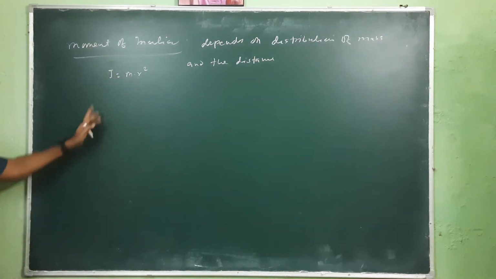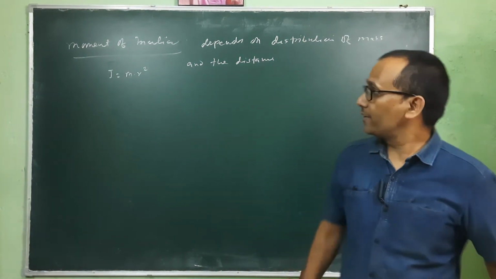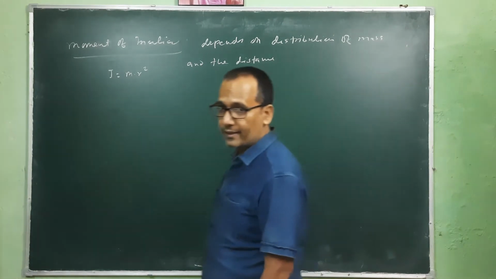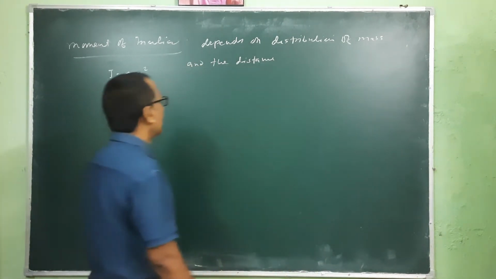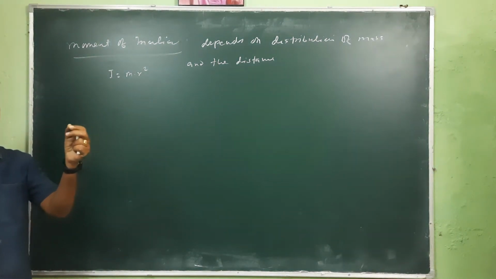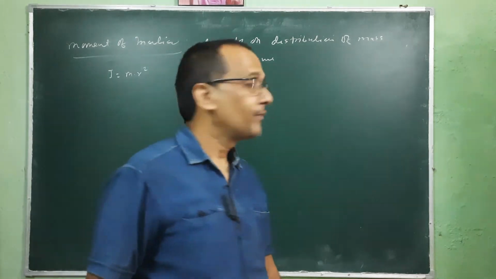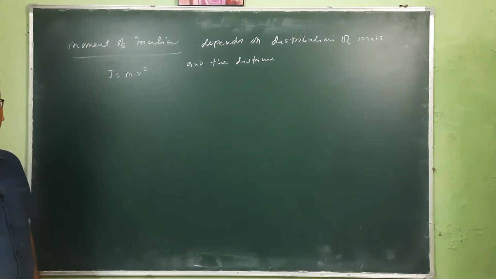Mathematically, I is equivalent to mr square; generally, this is the general equation. So it depends on the distribution of mass in the rigid body, and also on the distance of the center of mass of the rigid body from the axis. So this is a new physical parameter.